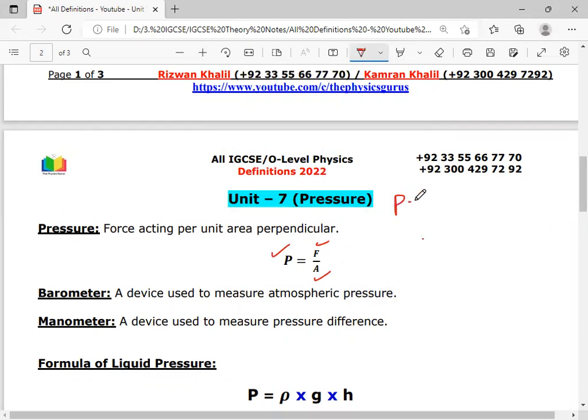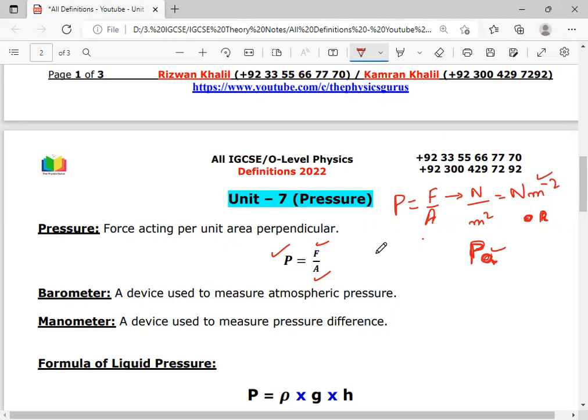Since the formula is P is equal to F over A, its unit will be Newton, and the unit of area will be square meter. So the unit becomes Newton per square meter, or its alternate unit is pascals, which is represented by capital P, small a. So we can write the unit of pressure is equal to Newton per square meter, or Pa.